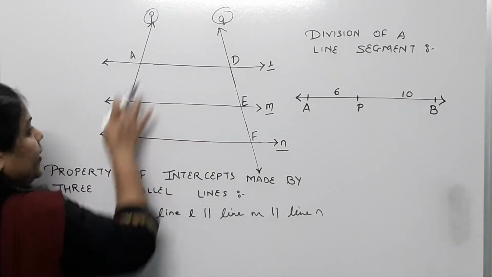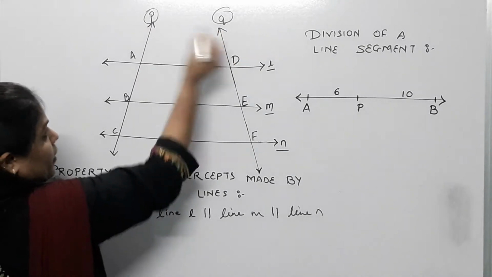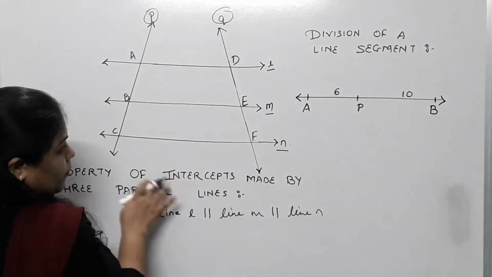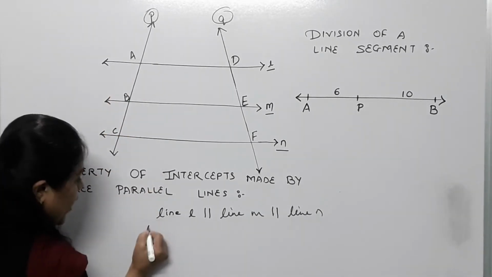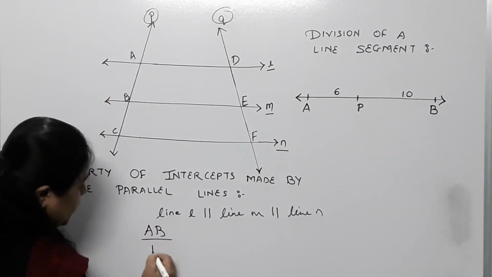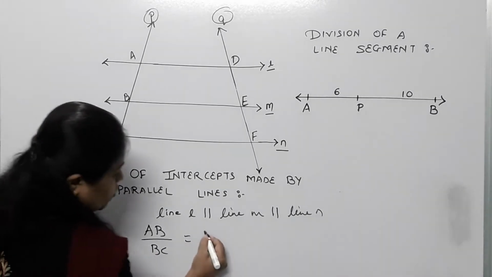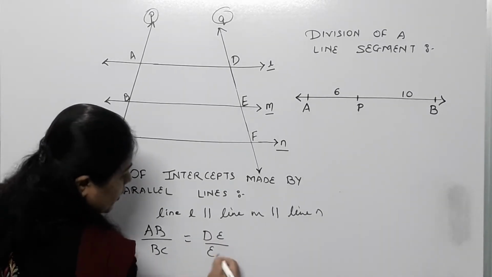So the intercepts made by these two transversals on these three parallel lines divide the lines in the ratio of AB upon BC is equal to DE upon EF.